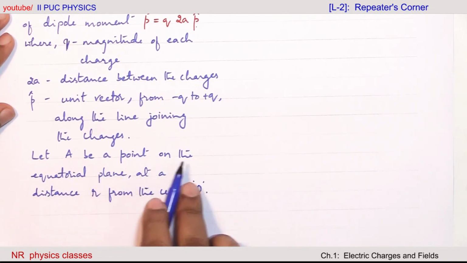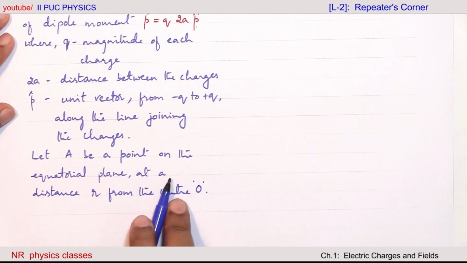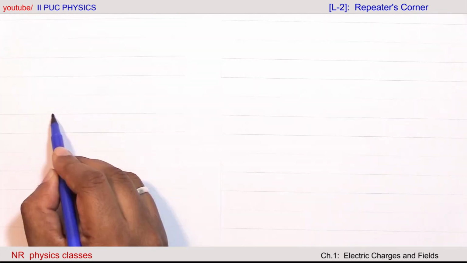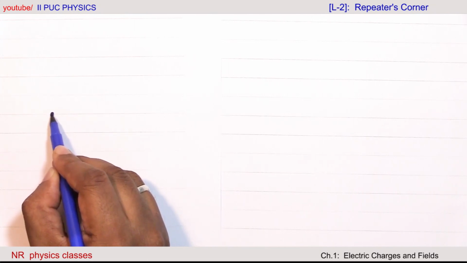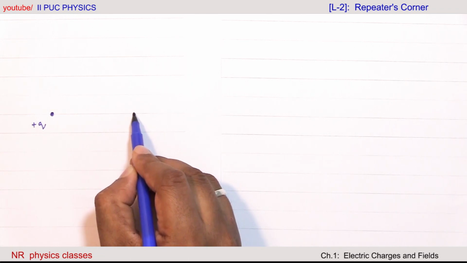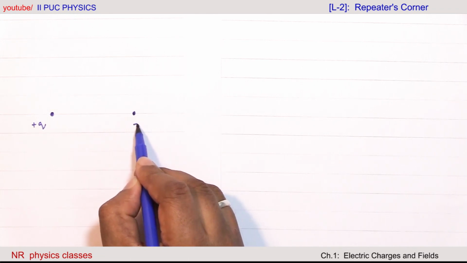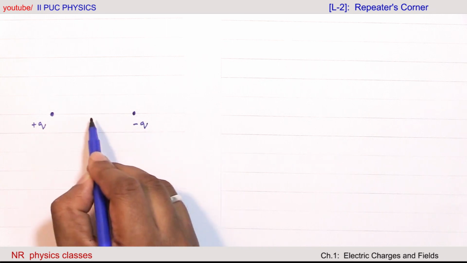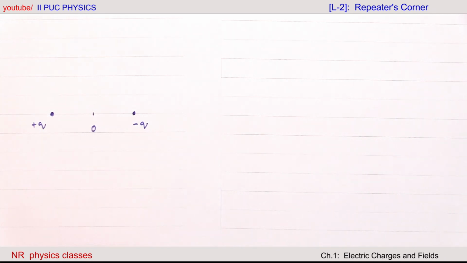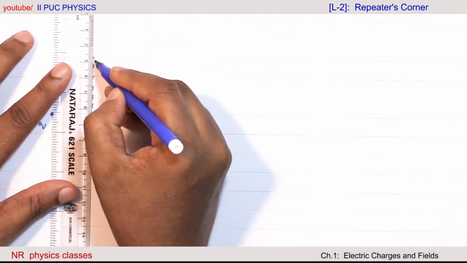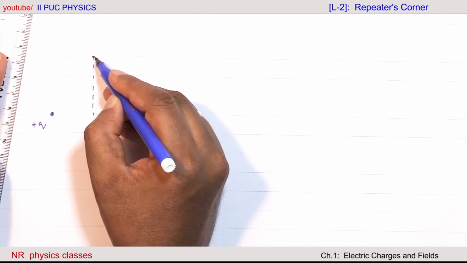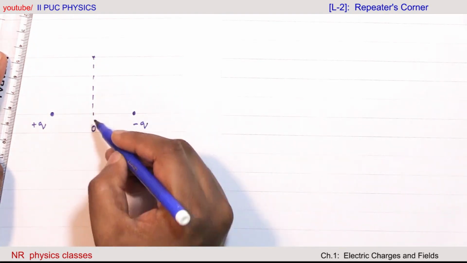Let A be a point on the equatorial plane at a distance r from the center O. This is plus q of the dipole, minus q of the dipole, center of the dipole O. This is point A, at a distance r from the center.